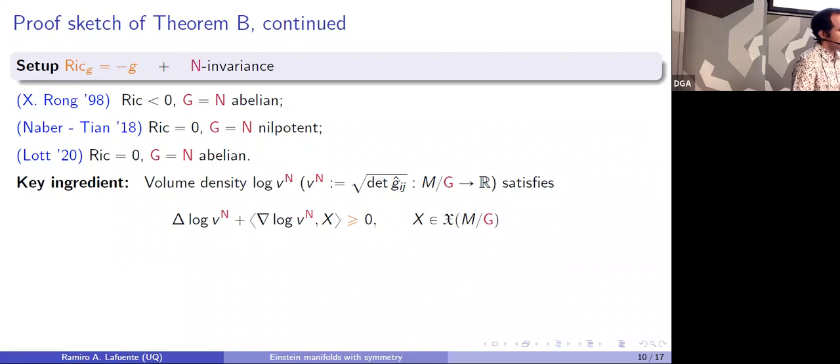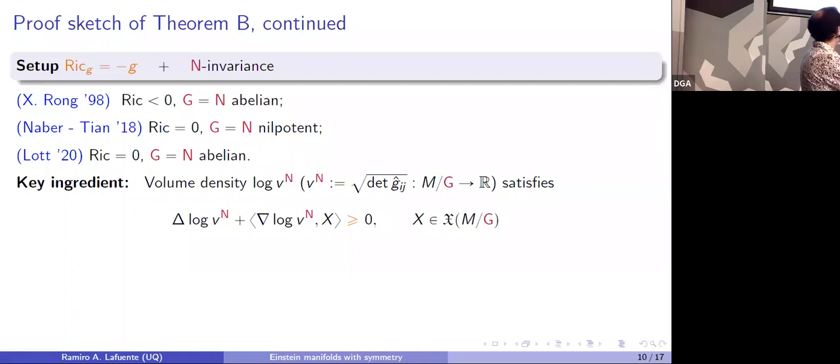So they look at the volume density of the orbits, the potential of the mean curvature vector that I mentioned, the square root of the determinant of g_ij. That's a function on the orbits. It's of course N-invariant because everything is N-invariant. So it's a function on the quotient. It's actually G-invariant in this case because for them G is equal to N.